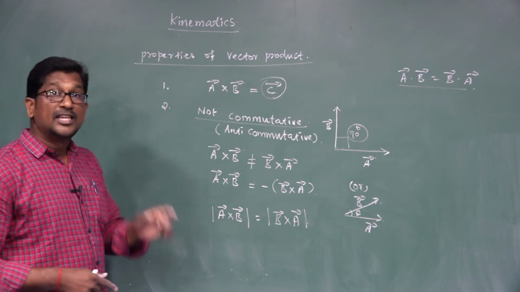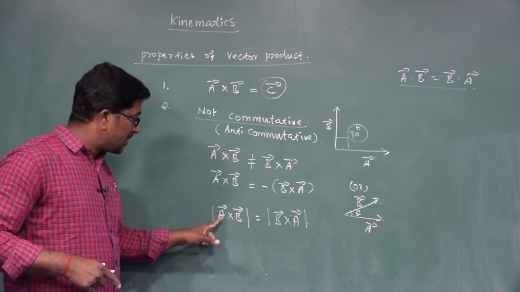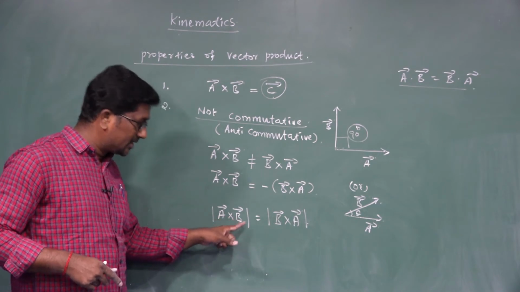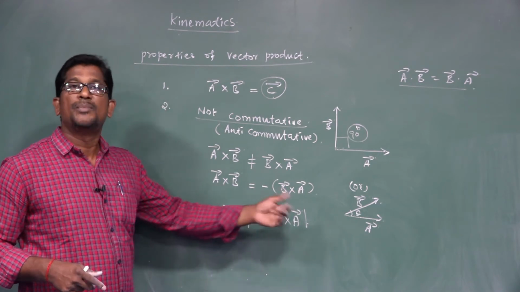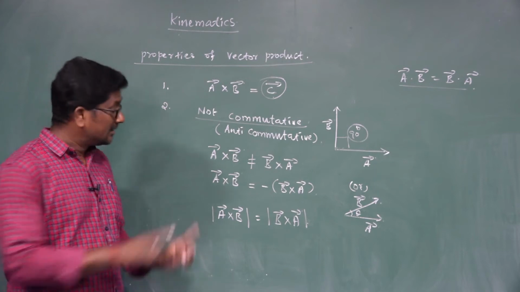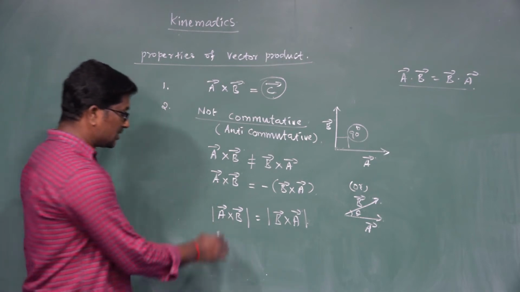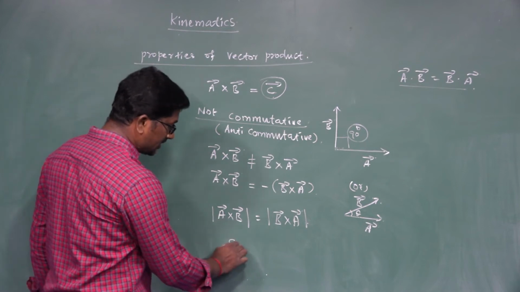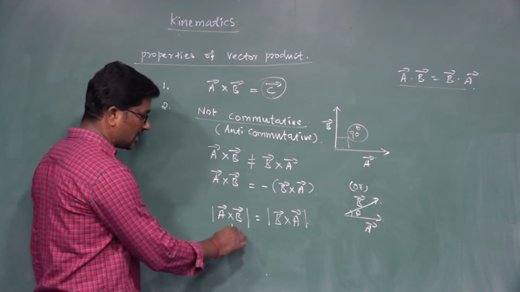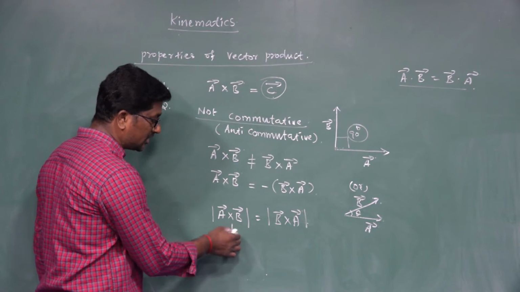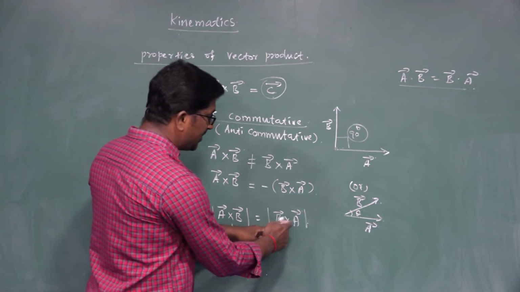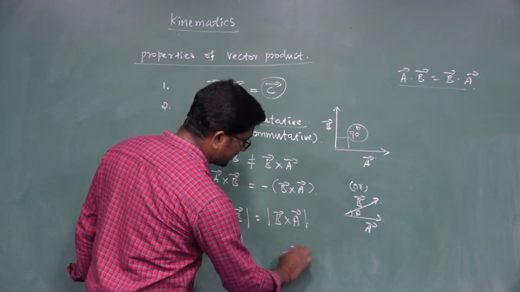It means the magnitude of A vector cross B vector is equal to the magnitude of B vector cross A vector. But their directions are opposite. Suppose A vector cross B vector gives another physical quantity, the C vector, and B vector cross A vector becomes minus C vector.